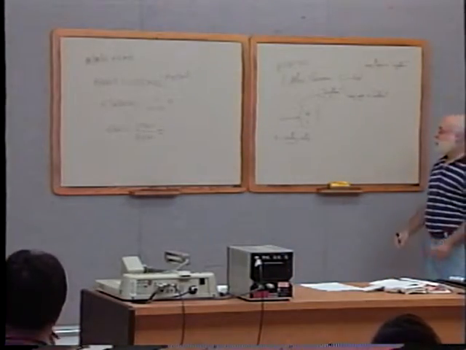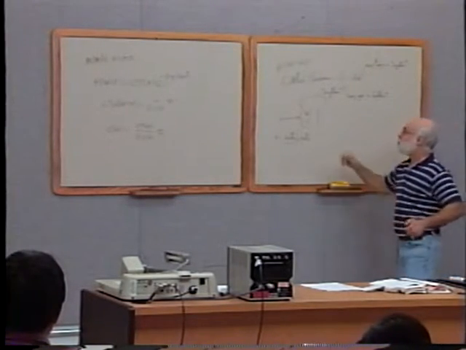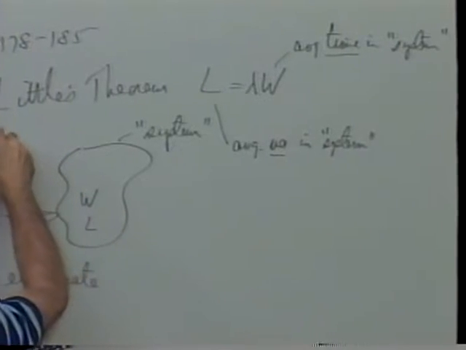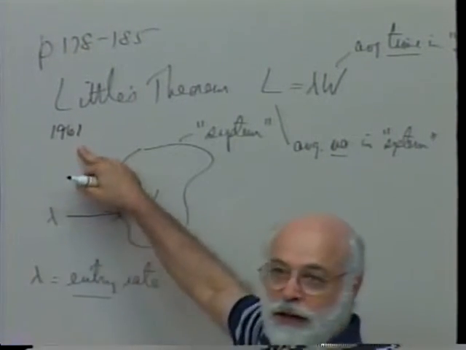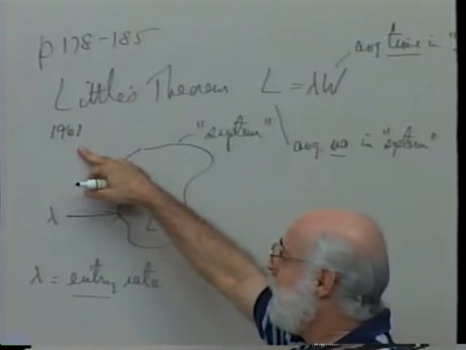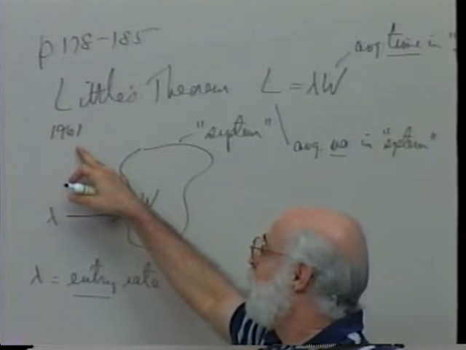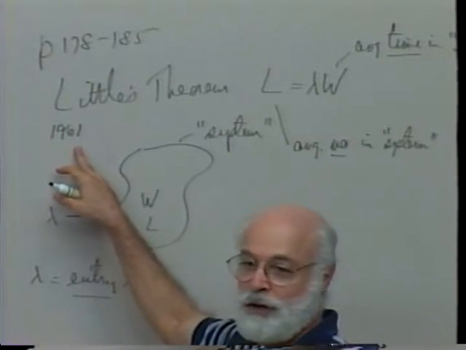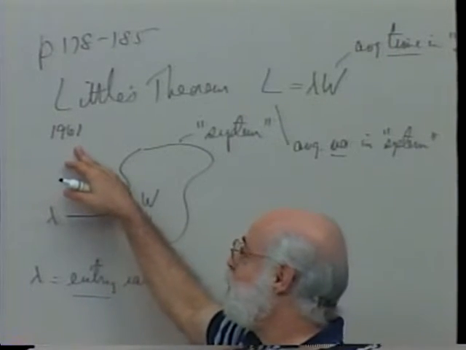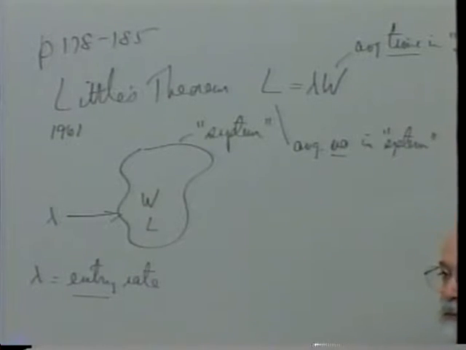Now, the proof of Little's theorem is actually sophisticated, and in fact, it was first proved by Little in 1961, although people knew it for many years before that. And since 1961, you'd think that was a long time ago, but nevertheless, people are constantly writing papers on Little's theorem that give simpler proofs or more general proofs, or generalize it to all kinds of different things.